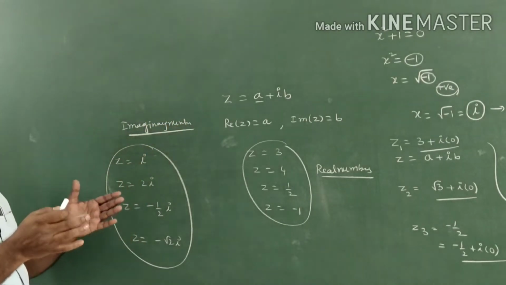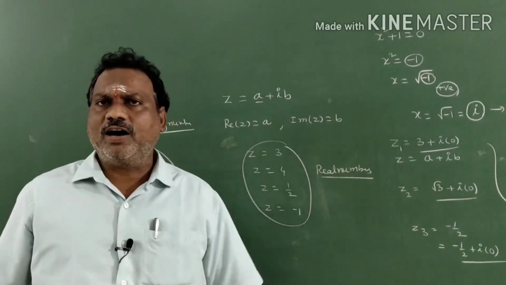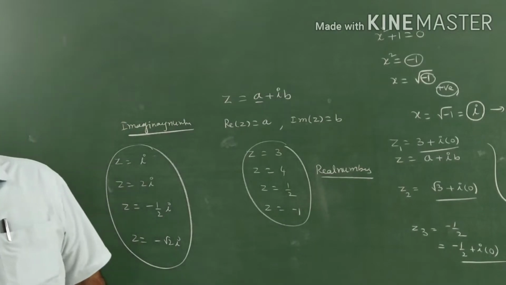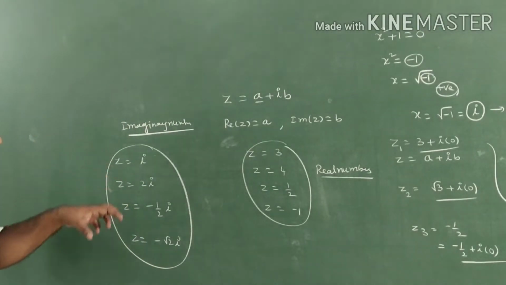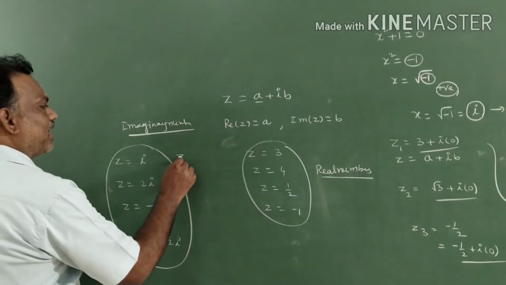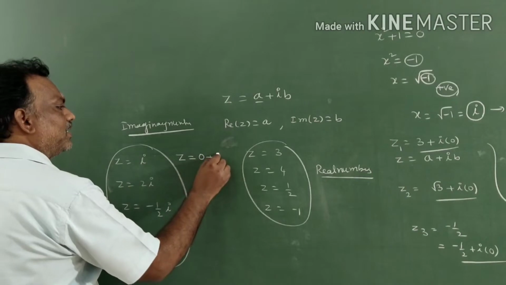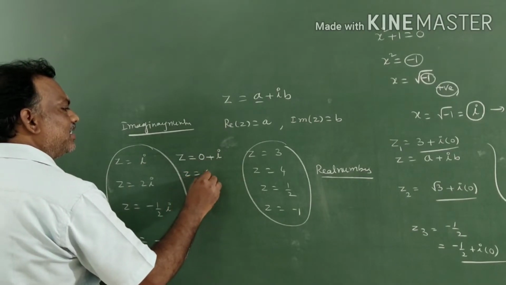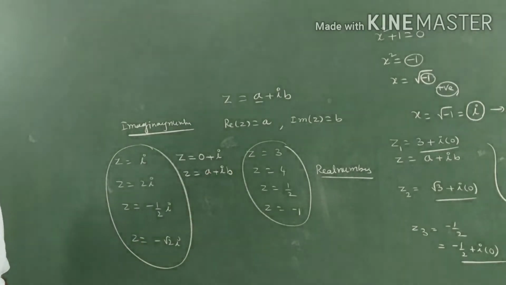Imaginary numbers are also part of complex numbers, because I told you in the tree diagram, you can recall it, in the first video. But in this complex number, if you want to write Z, it is Z is equal to 0 plus i, then only it is in the a plus ib format.